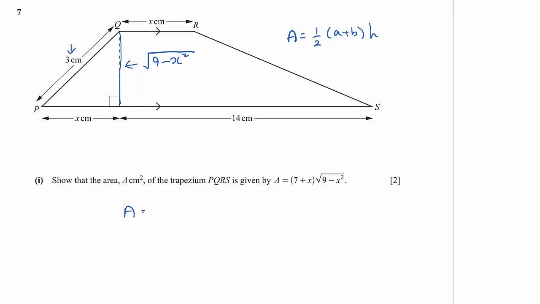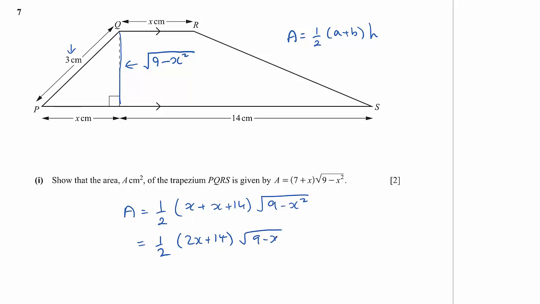So the area is going to be a half. Sum of the parallel sides is x plus 14. And then the distance between them is the square root of 9 minus x squared. So that's going to be a half of 2x plus 14, square root of 9 minus x squared.